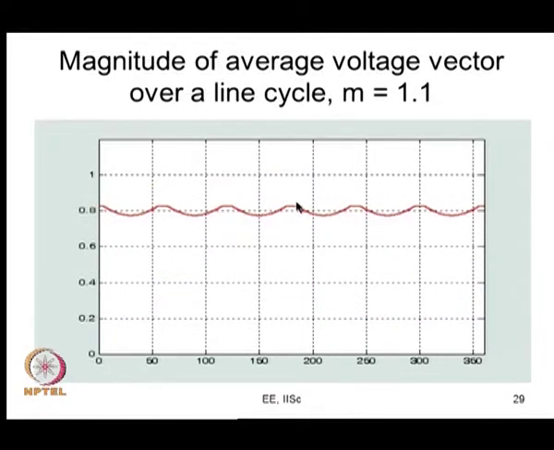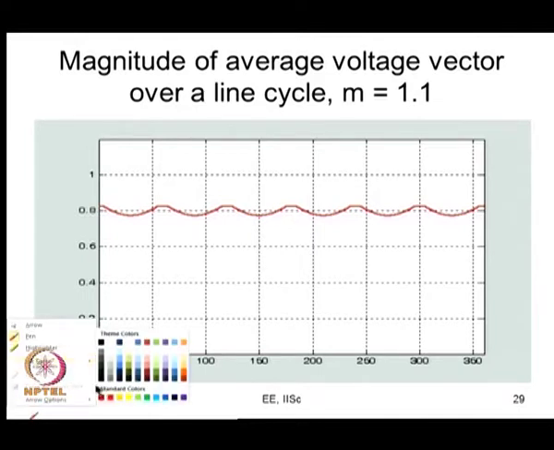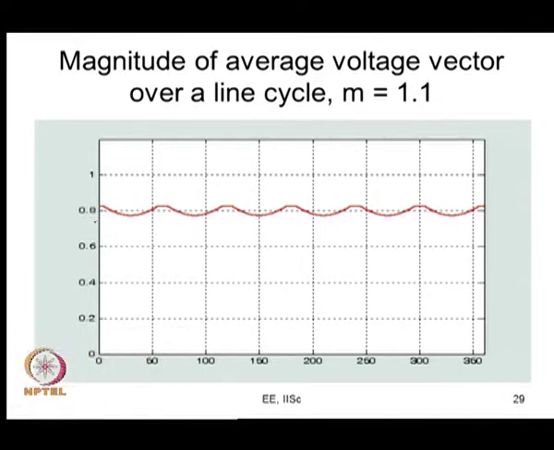Now, what happens? The magnitude varies like that. When m is equal to 1, I will take a different color so that it does not mess up with that. At m equal to 1, I am not drawing it very clearly, it should be really above this. This is how it would have varied, and this would be constant.